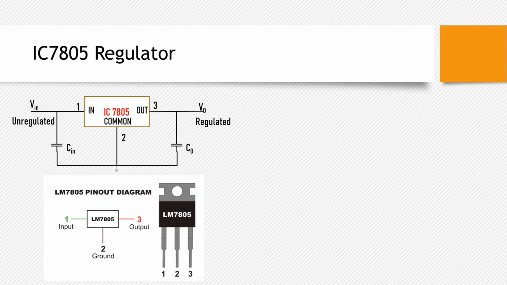The 5 in the 7805 indicates the output voltage, and for a negative voltage we use the IC 79 series. 7905 is going to provide a fixed minus 5 volt. In this IC, pin number 1 is the input pin, pin number 2 is the ground pin, and pin number 3 is the output pin.